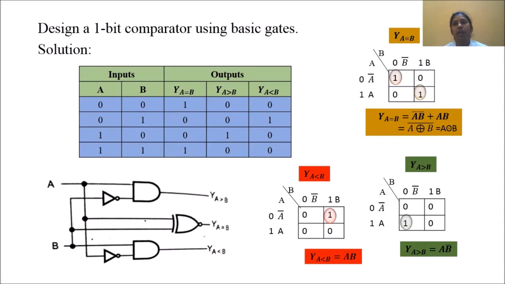For example, for Y A equal to B the expression is A XNOR B. For Y A less than B, the expression is A bar B. For Y A greater than B, the expression is A B bar. So using this A and B, we can draw the expression using logic gates, and finally we can get the logic diagram of the one-bit comparator.